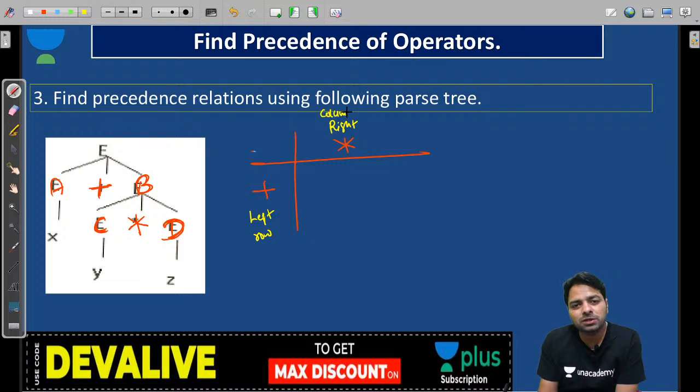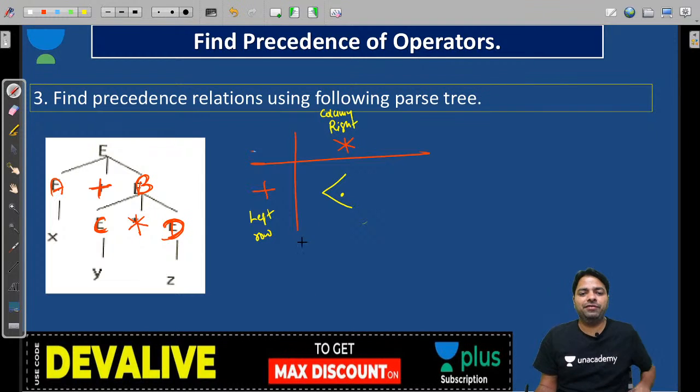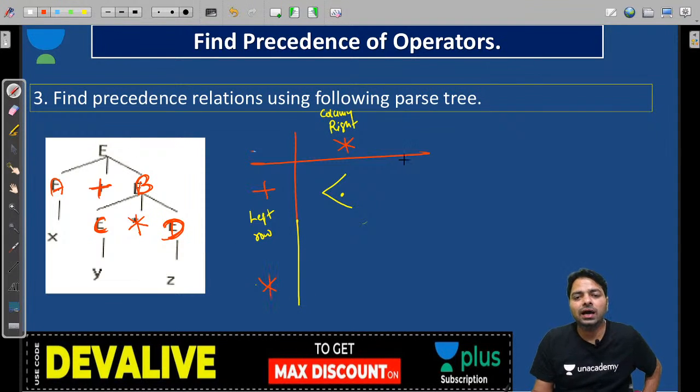Here only that way is possible. Yes, plus has less precedence than star. But if anybody asks what happens with star as the left and plus as the right, not possible, guys. These relations are blank, error.